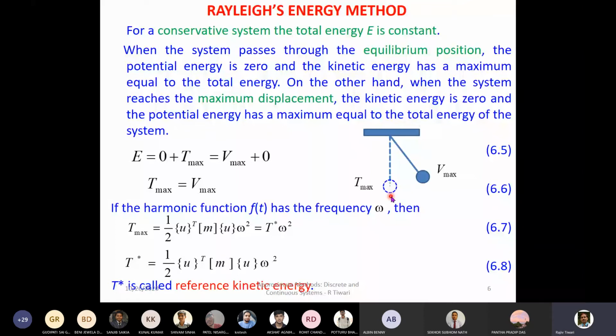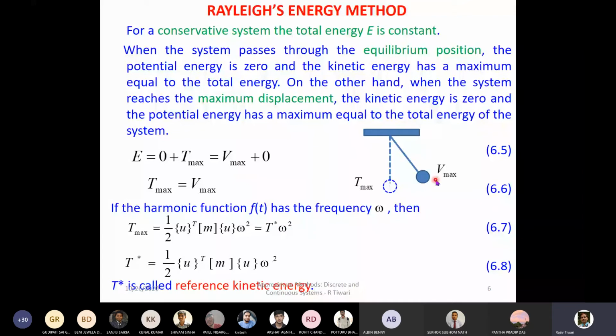So if we are considering these two positions of this particular bob, here we'll have potential energy 0 plus kinetic energy maximum. At this position, we'll have potential energy maximum, but the kinetic energy will be 0.